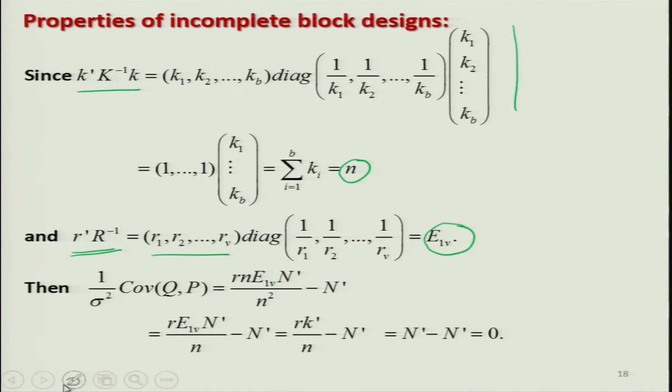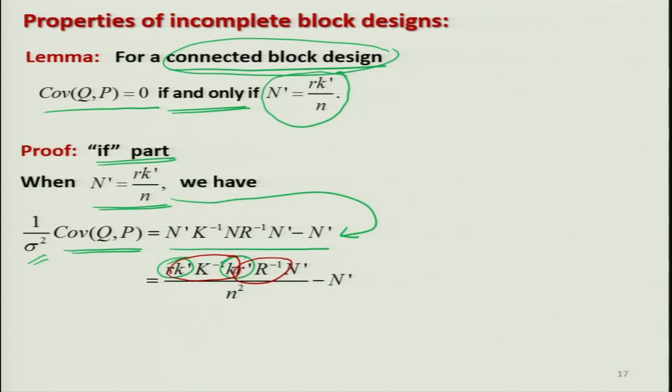If you substitute all these values, you get it like this, and if you simply solve it, this n gets cancelled out, and this quantity simply becomes r k transpose upon n minus N transpose, and this is N transpose because you have assumed it. So, this becomes a null matrix. So, the covariance between Q and P becomes a null matrix when this condition holds true. This is the given condition.